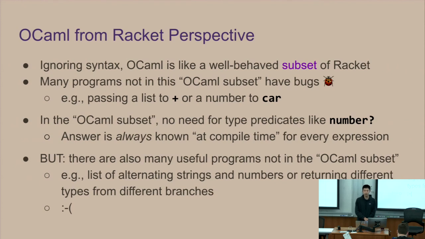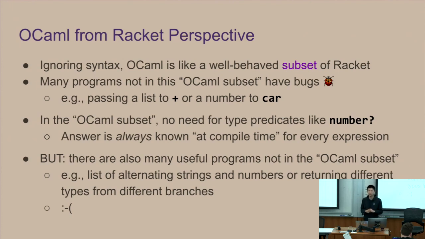Let's imagine a Racket programmer who spent their entire life on the Racket planet just suddenly gets teleported to the OCaml planet. What will they say of the OCaml language? Let's assume that all the OCaml programs we are talking about are safe to run.